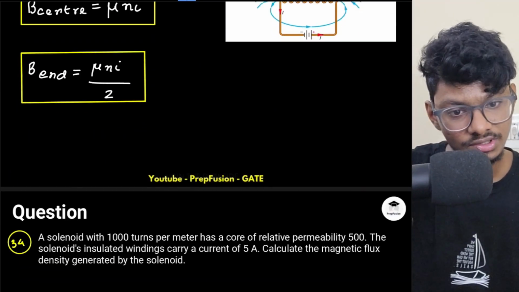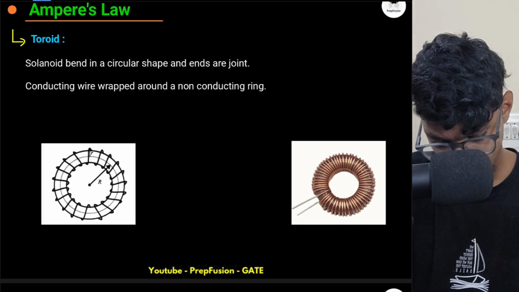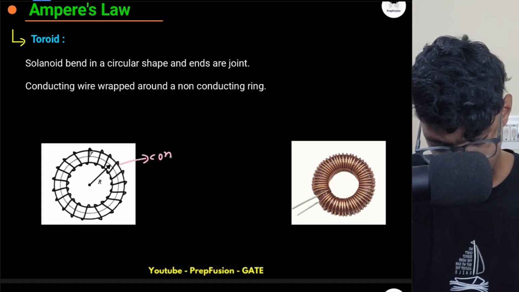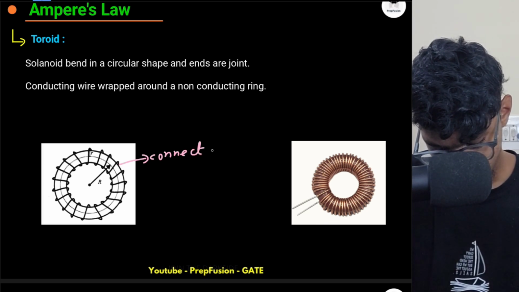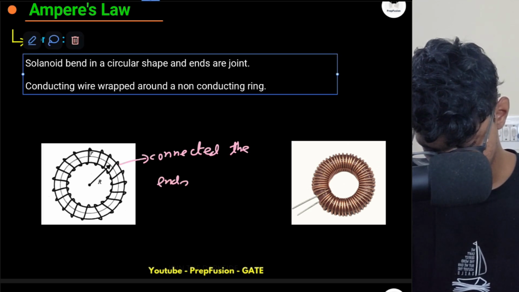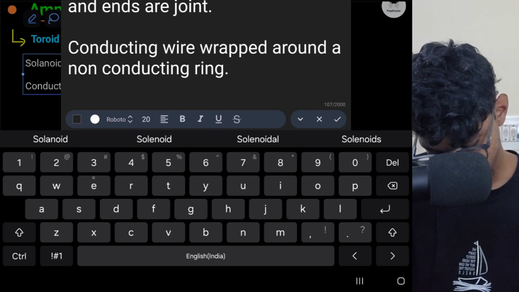I don't want that. So what I did, I just connected the ends. So toroid, what I did was simply I connected the end. So here, that is what I have written over here, and the spelling is wrong of solenoid, so it will be solenoid.